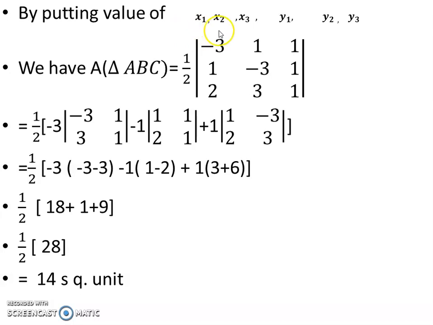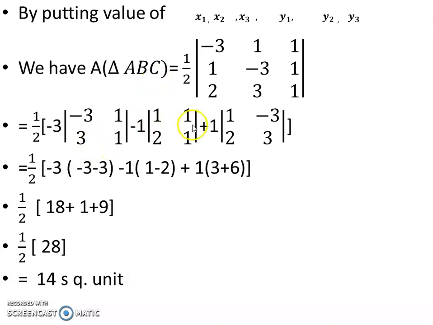Putting the values in the given format, we get the area of triangle ABC equal to 1 upon 2, which is always fixed, times the determinant with rows -3, 1, 1; 1, -3, 1; 2, 3, 1. In the last lecture we learned how to find the value of a 3 by 3 order determinant.